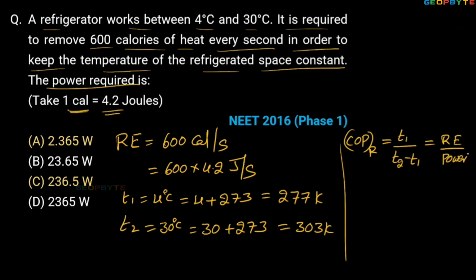Let us take another slide. So COP of refrigerator equals T1 in Kelvin by T2 minus T1. Since it is the difference, we can take either Kelvin or degree centigrade. T1 in Kelvin equals refrigeration effect by power.